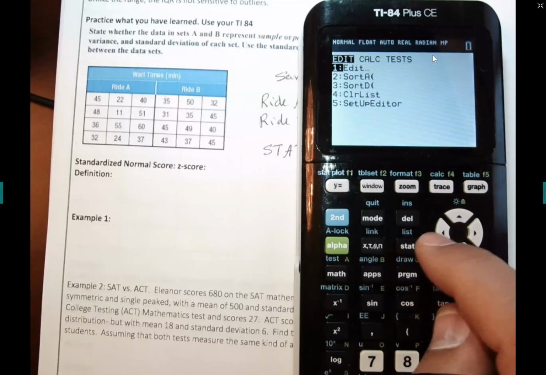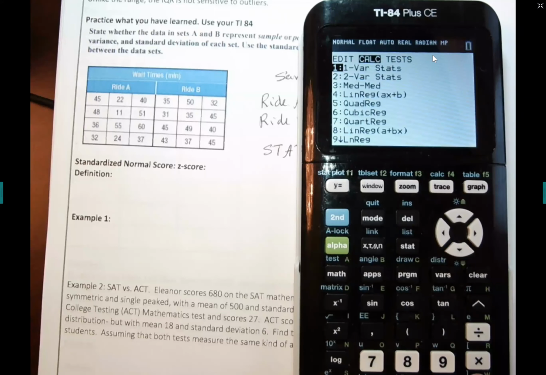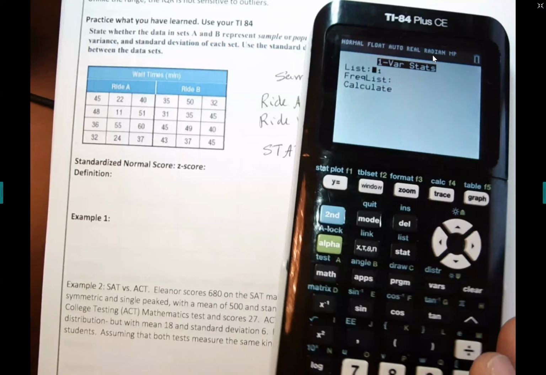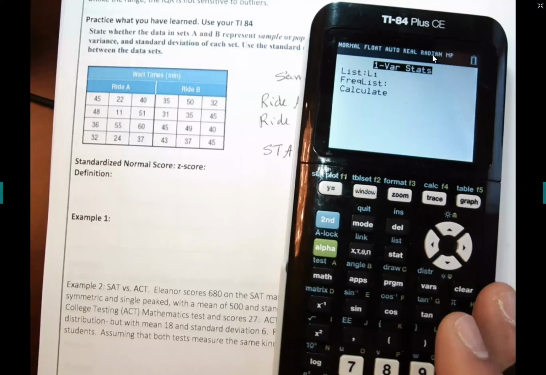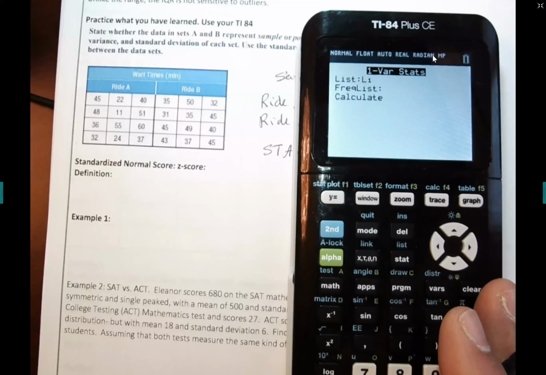Now I'm gonna go to Stat, Calc, one variable statistic. For students who have an older calculator, they're gonna see one var stats on the screen only. You need to type in L2 in order for the calculator to do L2 this time.